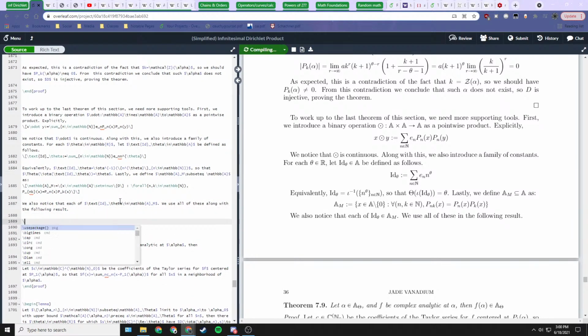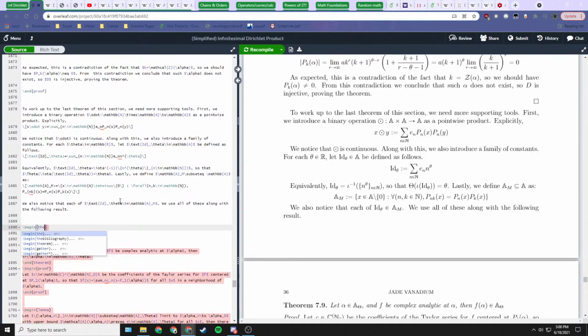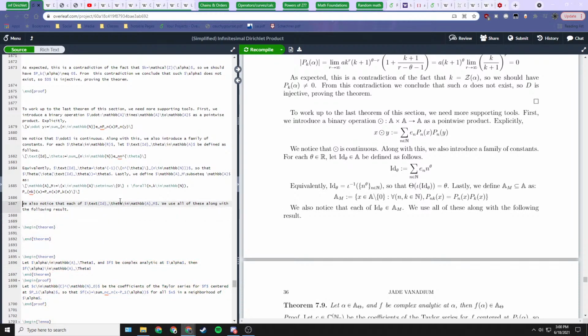Okay, so the theorem that we have about these things is, we'll say, let Z be in A sub capital M, and X, Y be in A. Then Z O dot (X plus Y) is equal to Z O dot X plus Z O dot Y. So it distributes over addition.